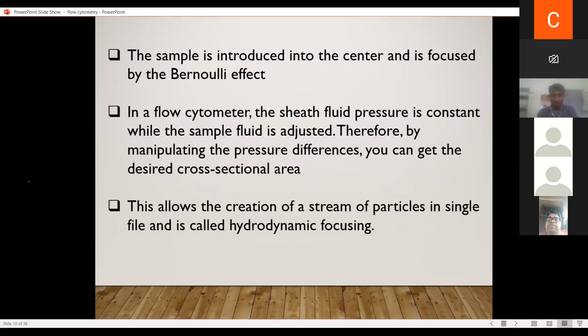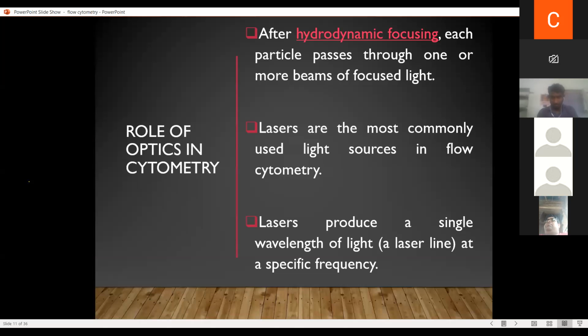Therefore, by manipulating the pressure difference, you can get the desired cross-sectional area, on the basis of the cell size we have, so that we can interrogate the cells individually. This allows the creation of particles in a single file. This is called hydrodynamic focusing.